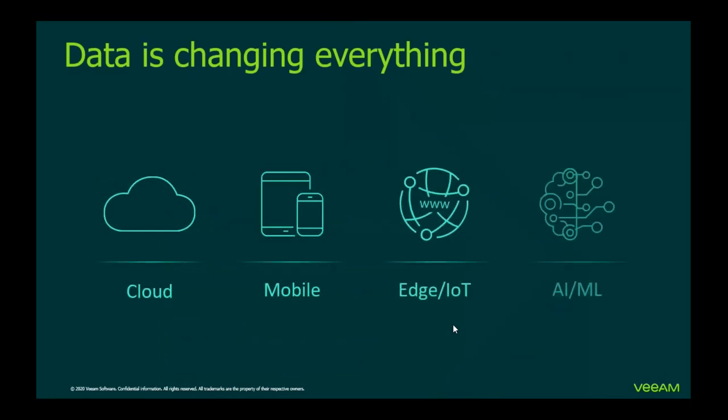So if we talk about today, data is the most important thing for an organization, and the data is the entire business on which the organization relies. The main perspective from where data is being generated is cloud.